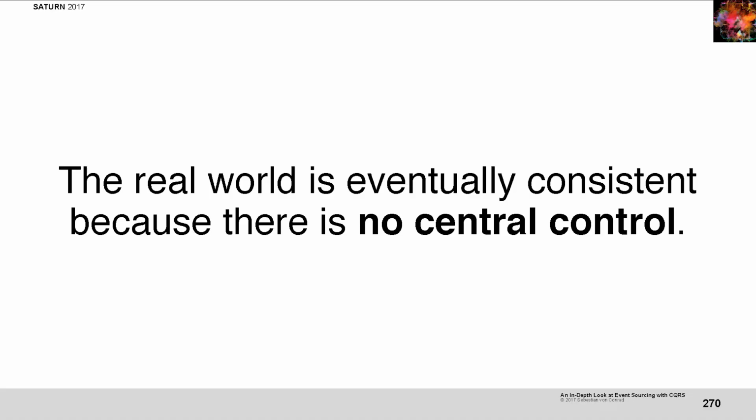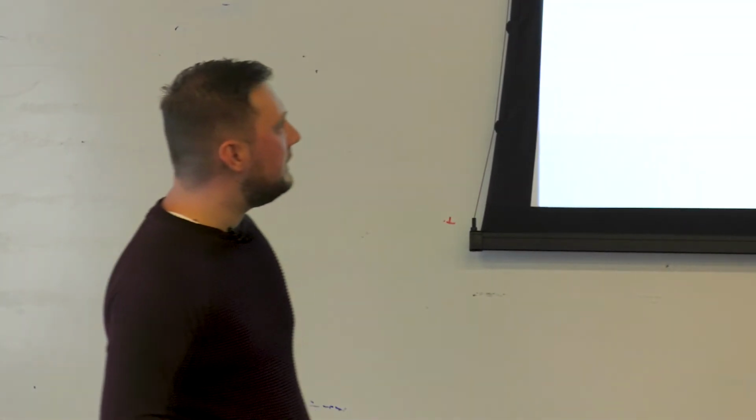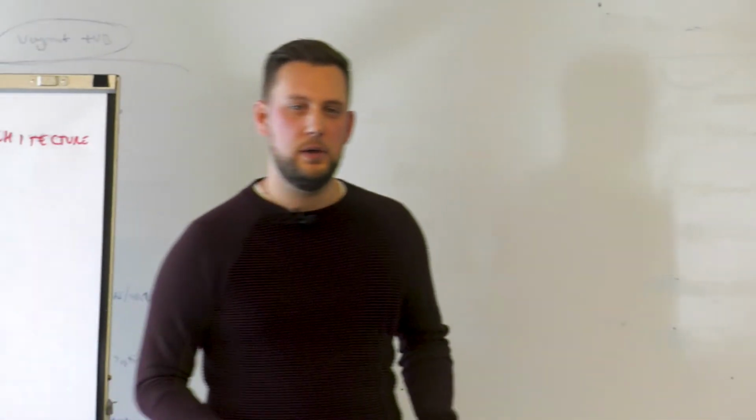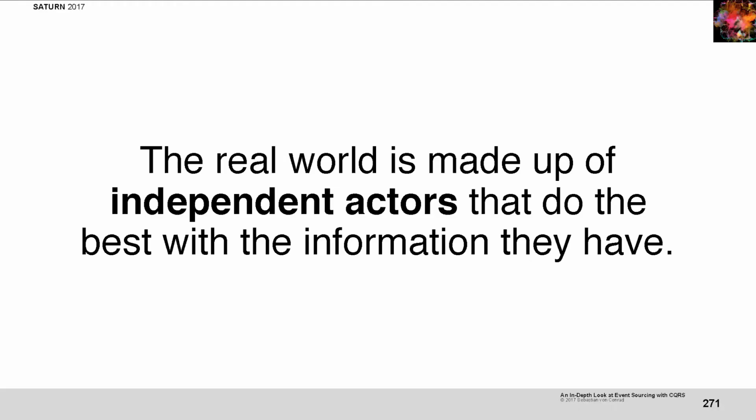The real world as well, and we'll talk more about this. In case you're wondering, the eventual consistency bit is all in the downsides part. But the real world is also eventually consistent because there is no central control. And it's the same thing here. The real world is made up of independent actors that do the best with the information that they have.